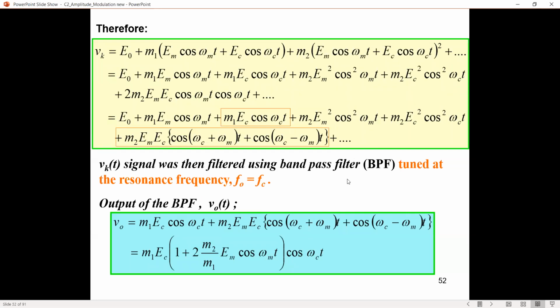After BPF, DC components are filtered out. Because if it's a low pass filter, I cannot show using my pen because I know something's wrong with this. When I connect, suddenly my laptop shut down.